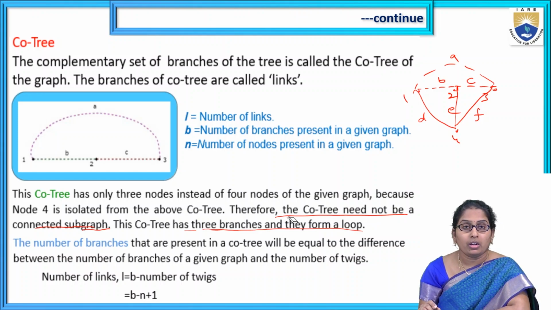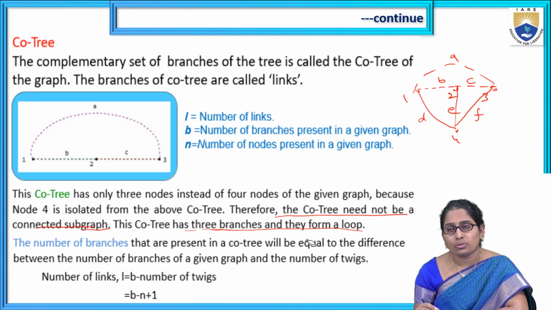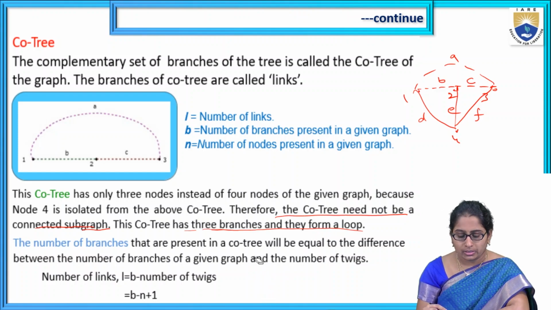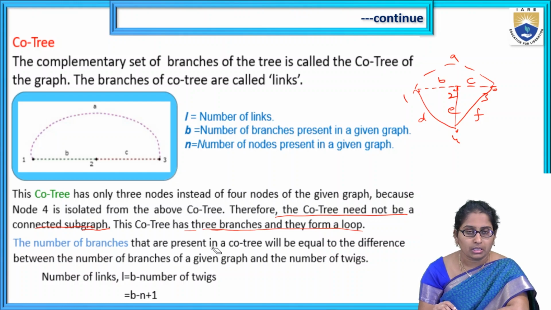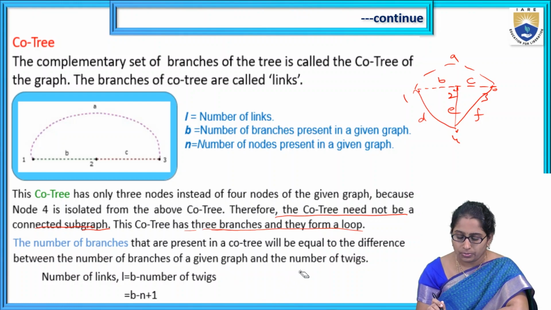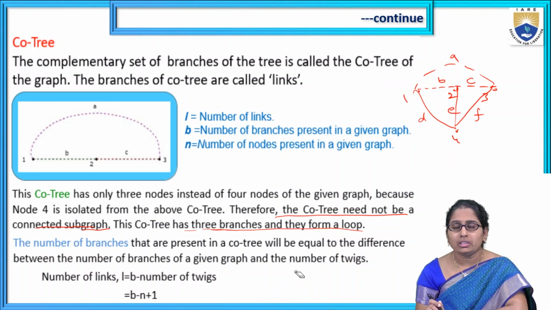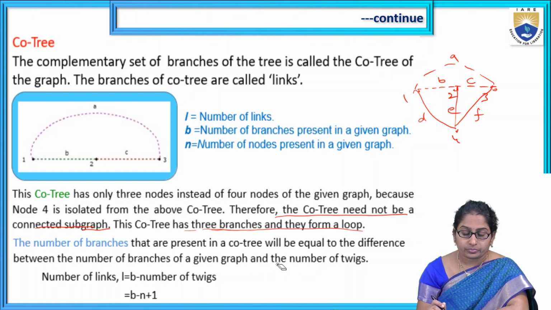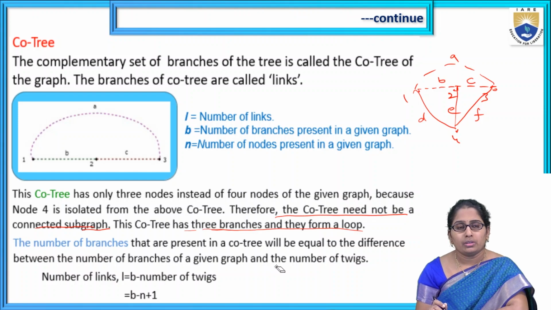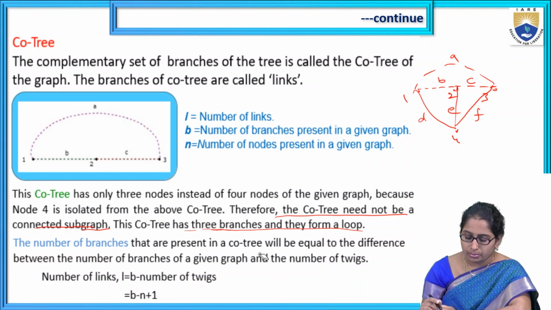The number of branches in the co-tree will be equal to the difference between the number of branches of the given graph and the number of twigs. That is a point. The number of branches of the co-tree is given by the number of branches of the original graph minus the number of twigs. What is meant by twigs? Branches of the tree. What are the branches of the tree?